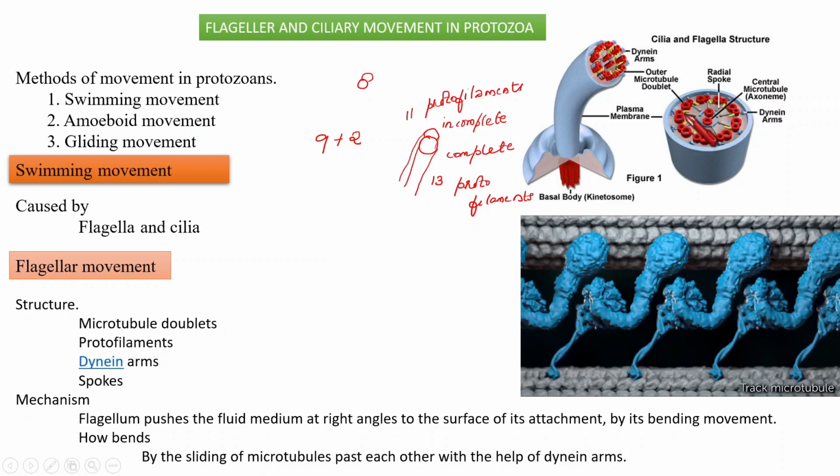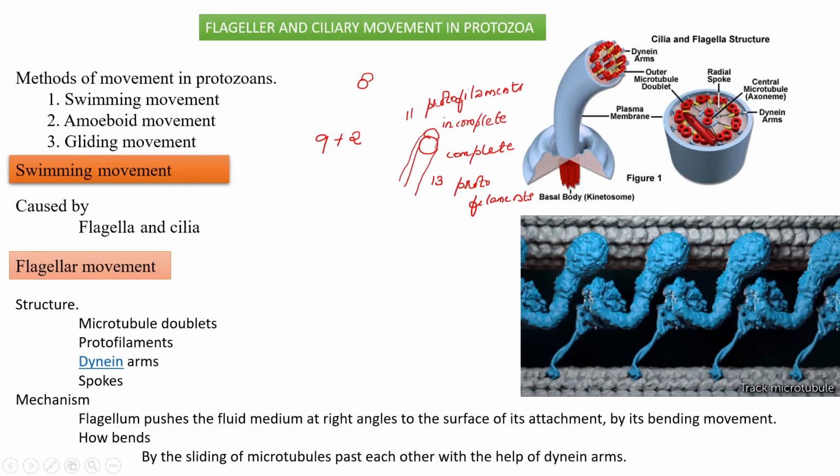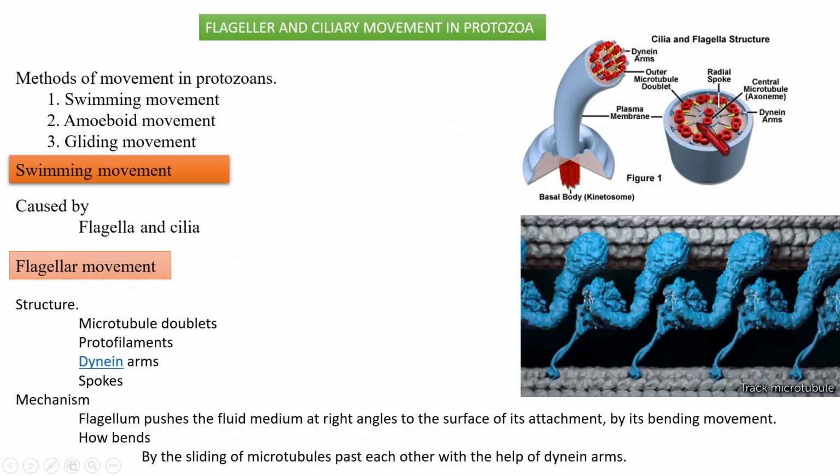Between them we can see some yellow portions. They are actually the dynein proteins, its arms. What are these dynein proteins? Dynein proteins can hydrolyze ATP and generate energy to facilitate the flagellar movement. I will show you an image of the dynein protein.